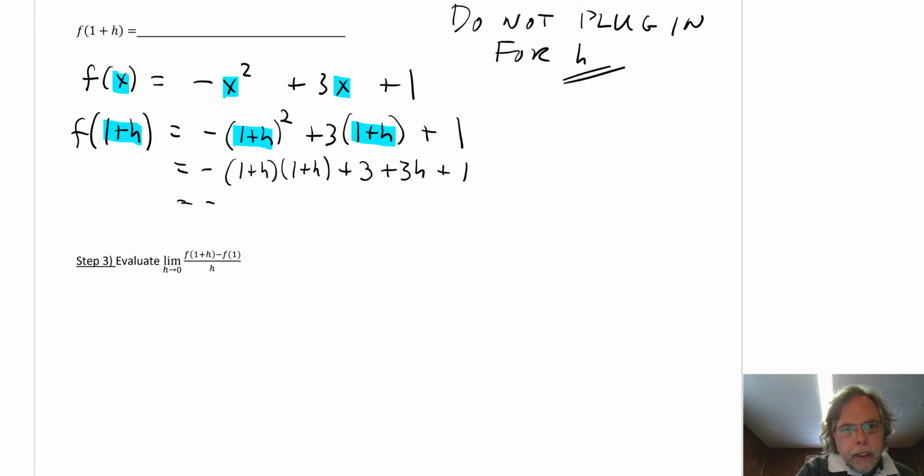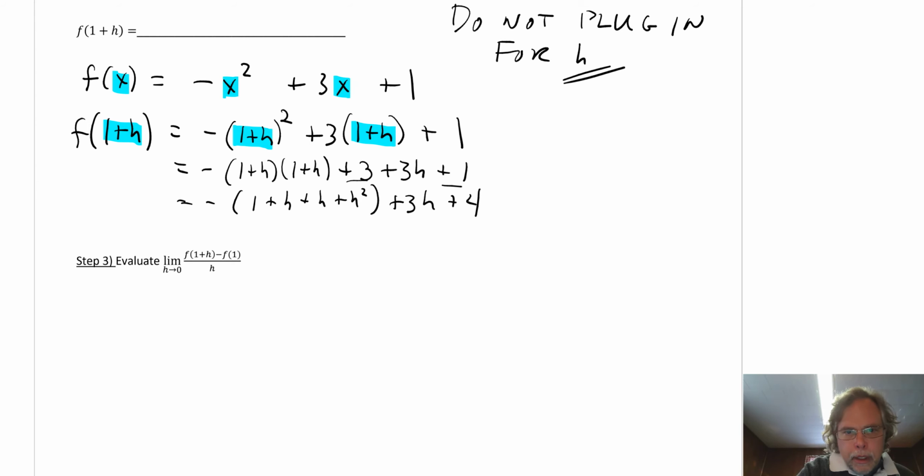So we have negative, there comes a FOIL, 1 times 1 is a 1, plus 1h, so plus h, plus another 1h, so plus h squared, plus 3 plus 3h plus 1, so we can write plus 3h plus 4, because we can add the 3 and the 1.